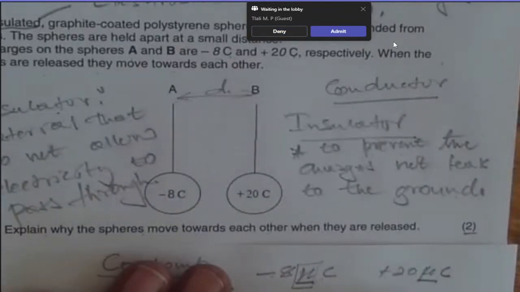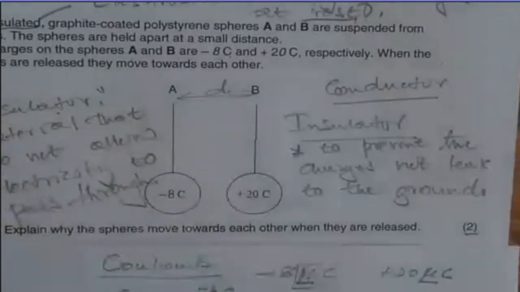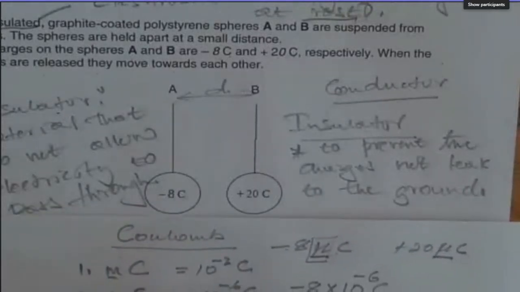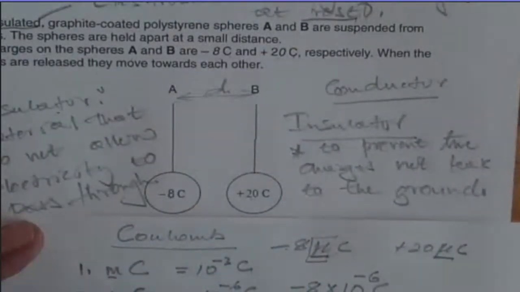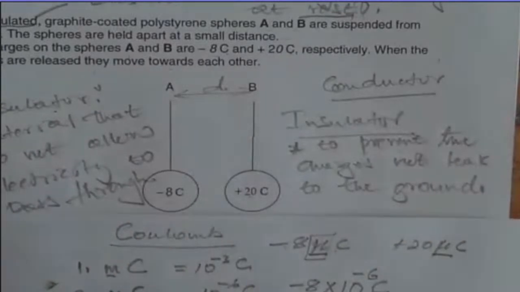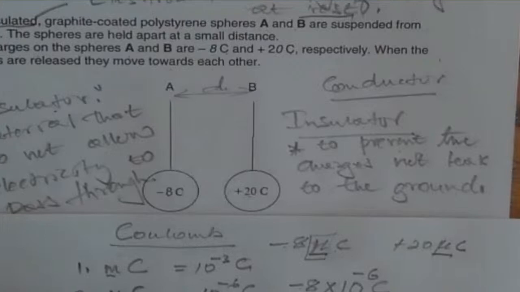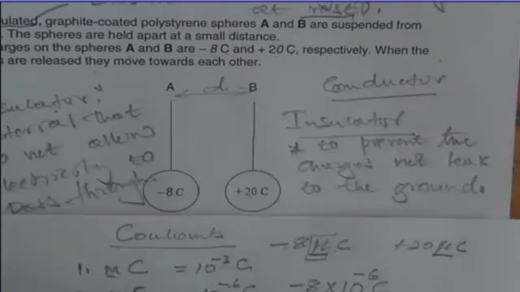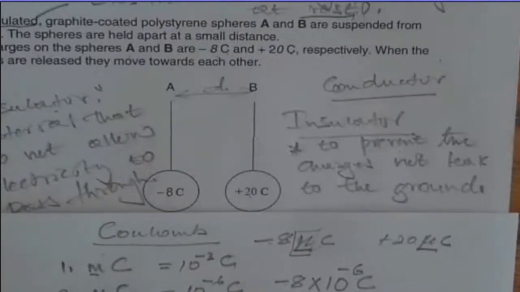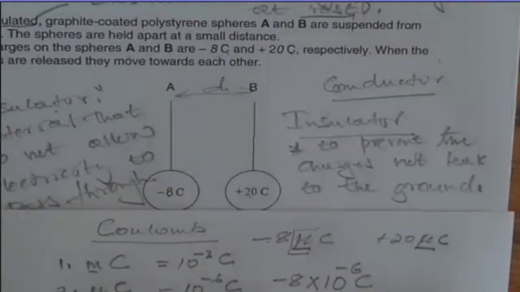Before I answer this one, I think it's also important to indicate negative and positive, so let me give some notes with information you may need. If I'm having a ruler, positive, negative, positive, negative, I'm having electrons and protons, if we talk about it in an atom.